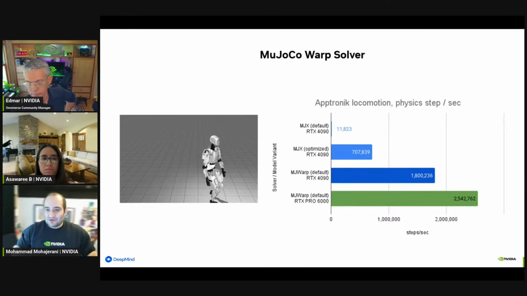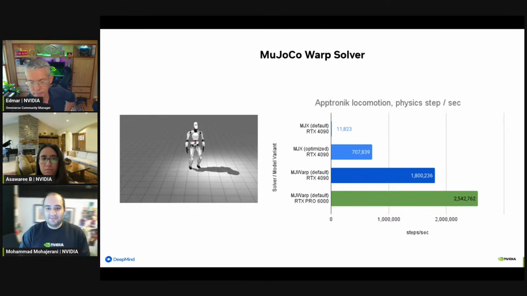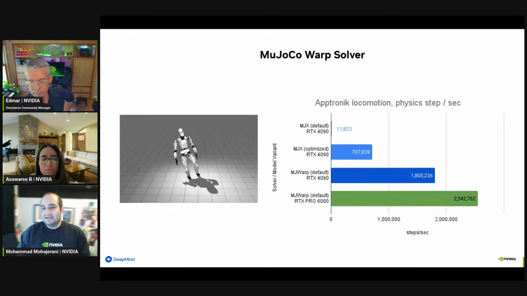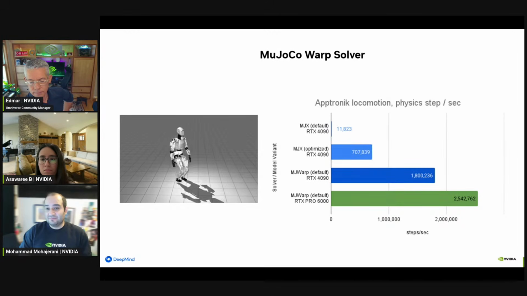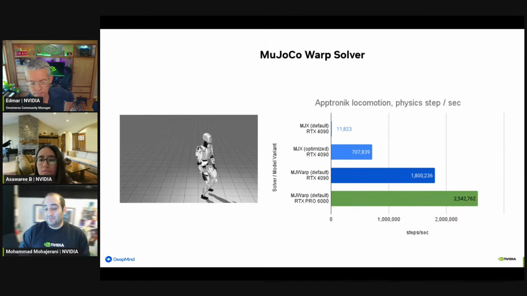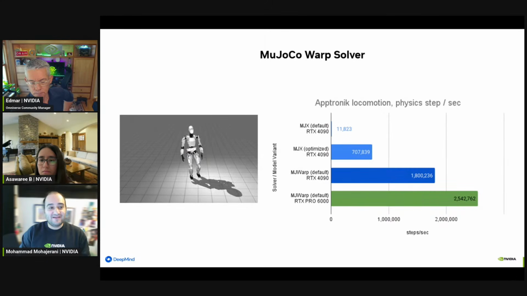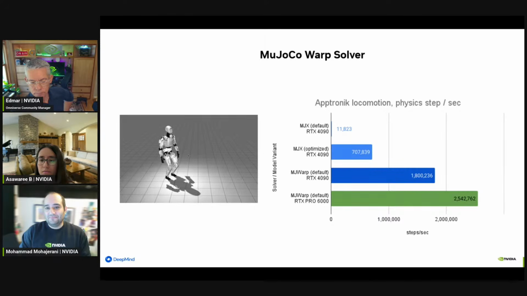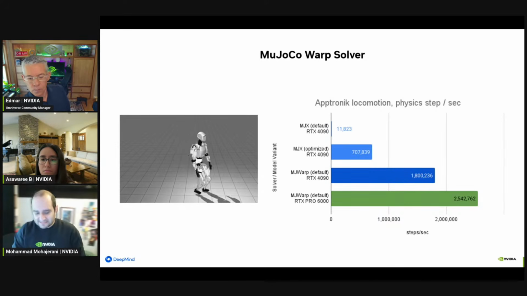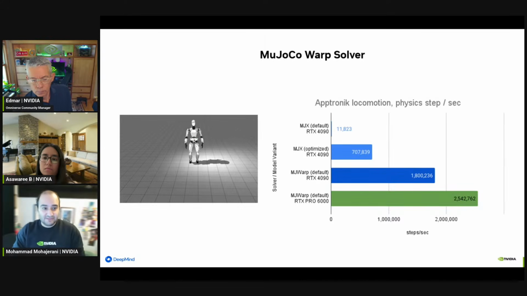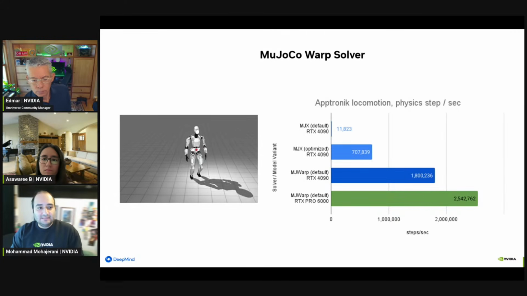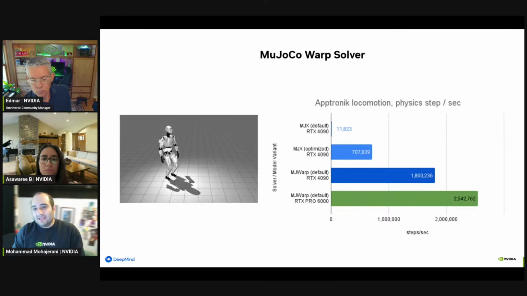When our teams started working together and were introduced to Warp, they started experimenting with it, and they found out that if they re-implement MuJoCo with Warp, they could get really impressive accelerations compared to MJX, especially for cloning in multiple environments, for high throughput scenarios. And there are good technical reasons behind it.